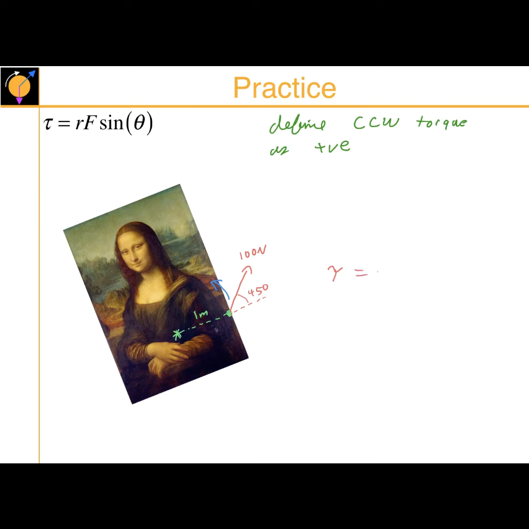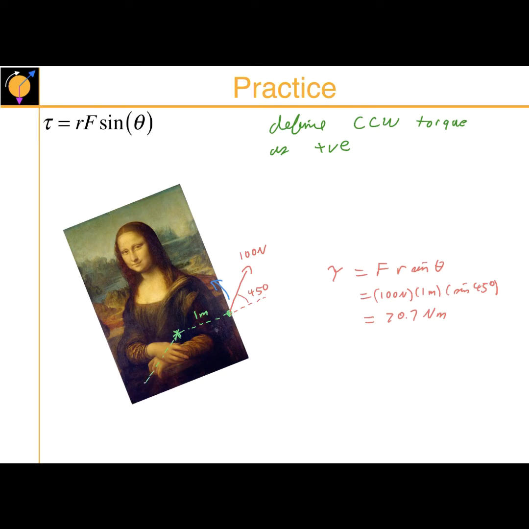So the torque will be F times R times the sine of the angle. So it'll be 100 newtons times a distance of 1 meter times the sine of 45 degrees. When you plug it in, it works out to about 70.7 Newton meters. And we're going to leave it positive because it is counterclockwise.